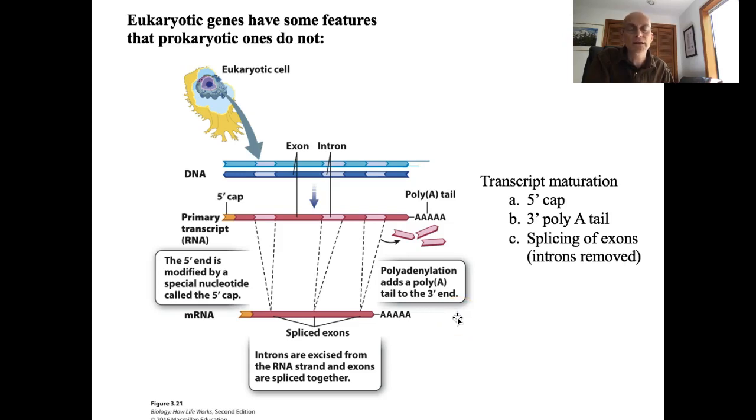The cell knows that that is the end. It's not to be translated into any protein. We'll talk about that also later. So, okay, we have the cap, we have the tail, and then we have the splicing of the exons where the introns are removed. I always try to remember that by saying introns are the intervening pieces that are getting spliced out.